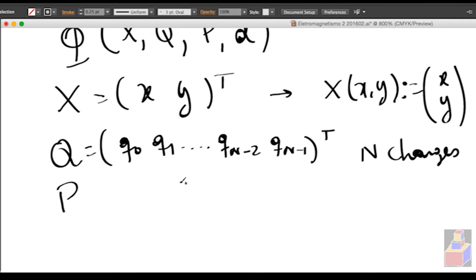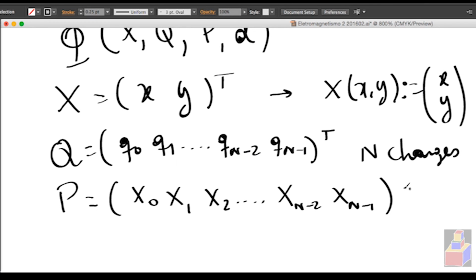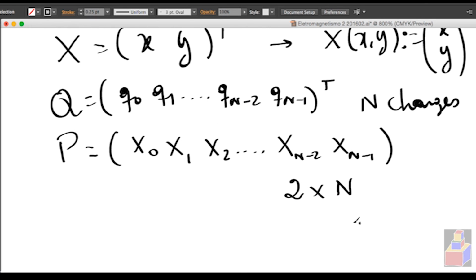It's a 2 by n matrix. The xi is a column vector giving the location of the ith charge, xi, yi, transpose. Okay? That's a given parameter.